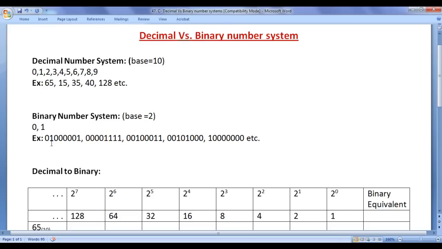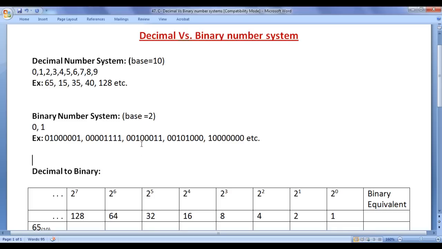To represent any number in the binary number system, we write a sequence of zeros and ones, guys. 0, 1, 0, 0, 0, 0, 0, 1 indicates 65 in the binary number system. 0, 0, 0, 0, 1, 1, 1, 1 indicates 15 in the binary number system, guys.